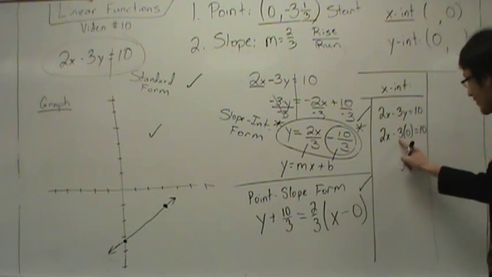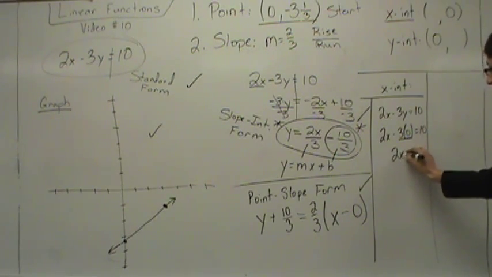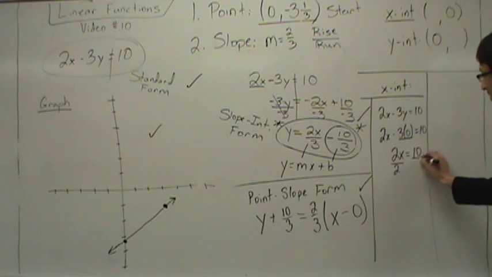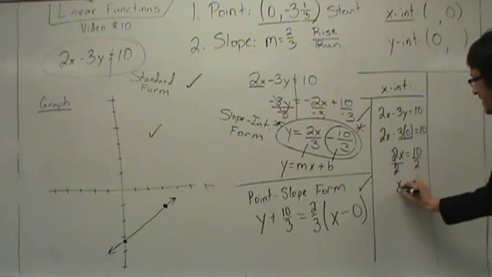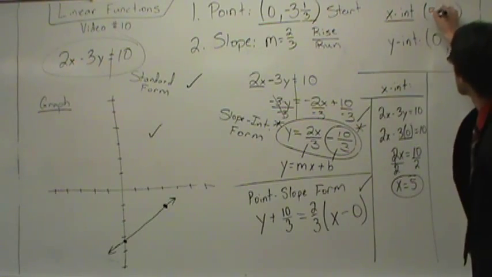Now, 3 times 0 is 0, and 2x minus 0 is just 2x. So we have 2x equals 10, and then simply divide by 2, and we end up with x equals 5. This x value is the x value of the x-intercept. So go ahead and put that here.